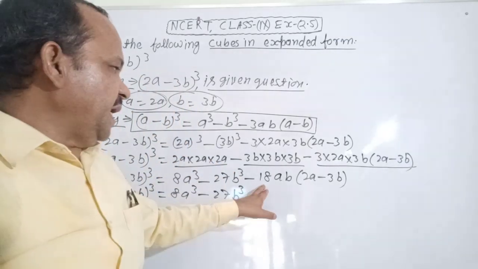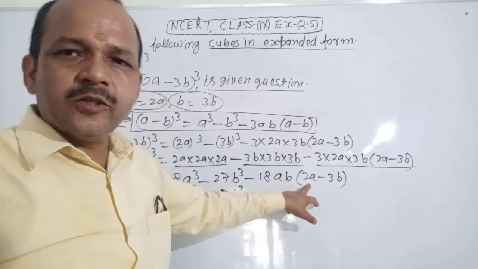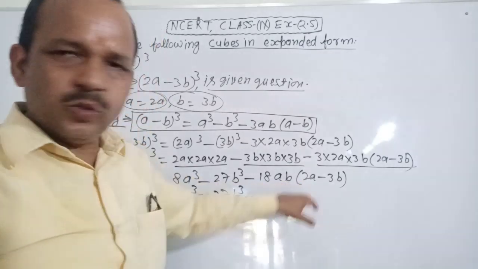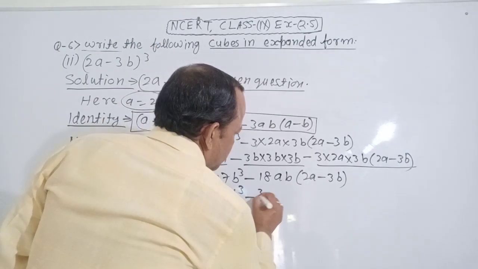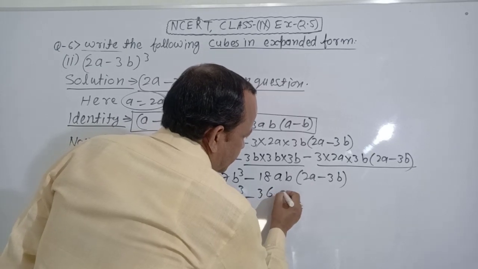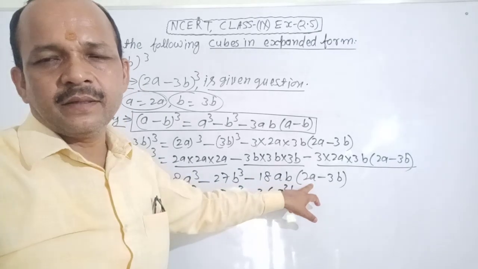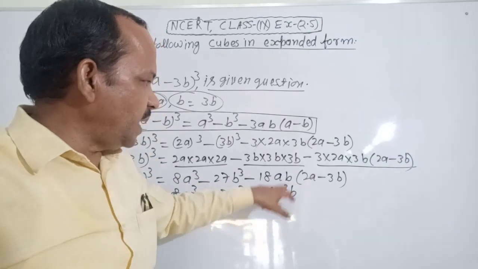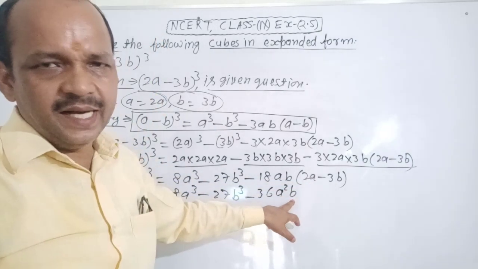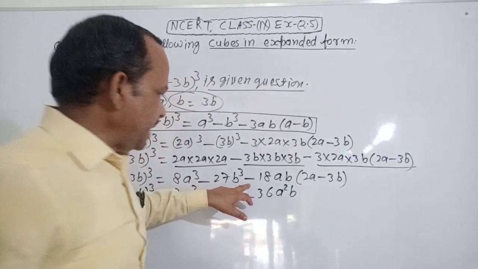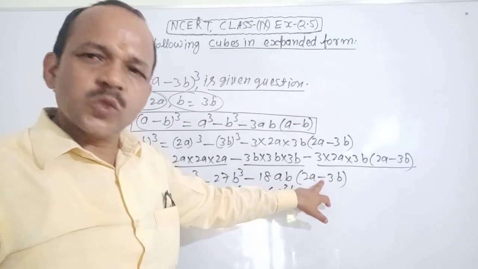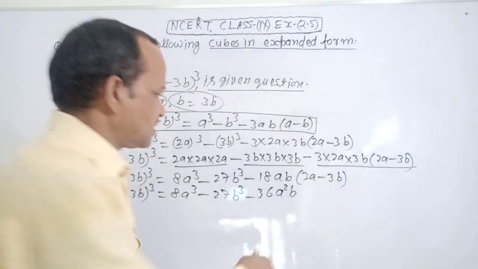you can multiply 18ab and 2a. It becomes 18 twos are 36, 36a square b. Here a and here a, so it becomes a square and b. Here minus and here minus, so it becomes plus.